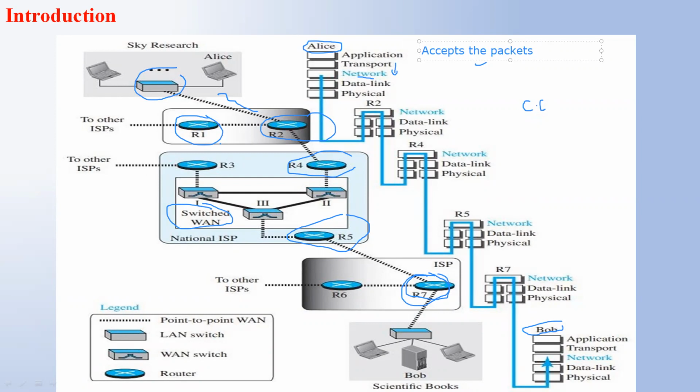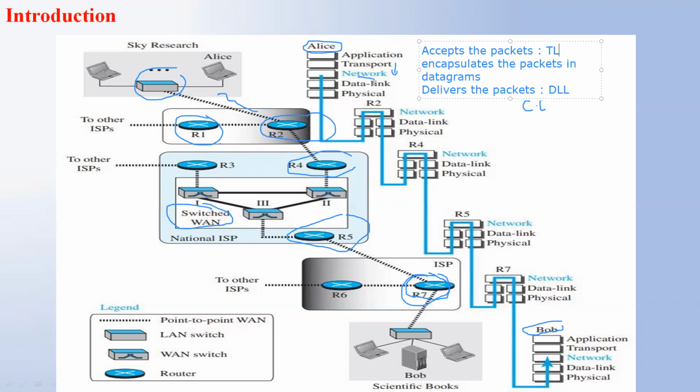After accepting the package, it will encapsulate the package in a datagram. Then after encapsulating the package in the datagram, it will finally deliver the package to the lower layer called the data link layer. So it accepts the package from the upper layer called the transport layer, encapsulates it in a datagram, and delivers it to the lower layer called the data link layer.